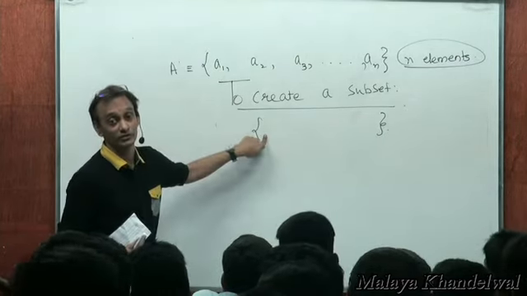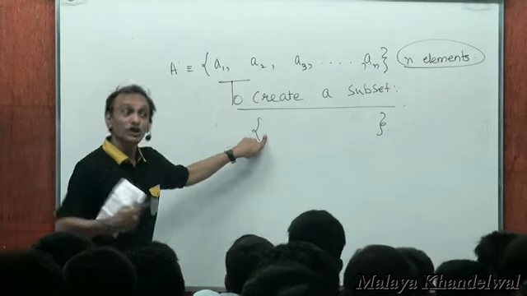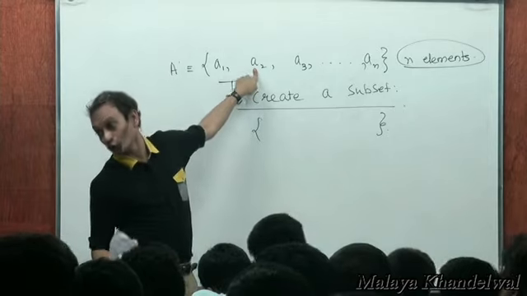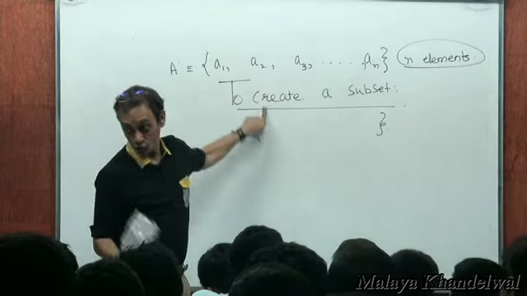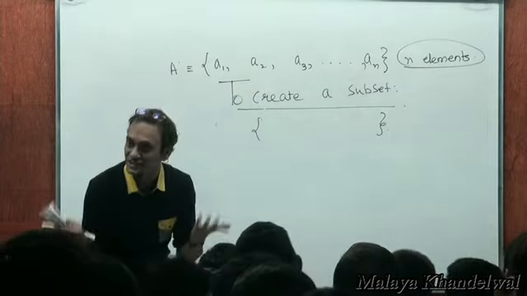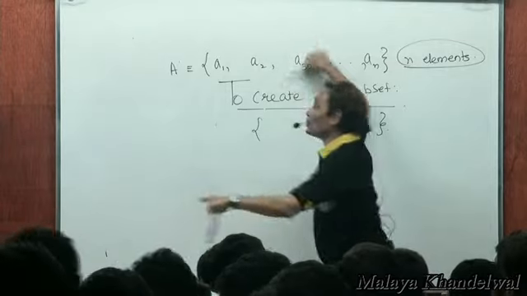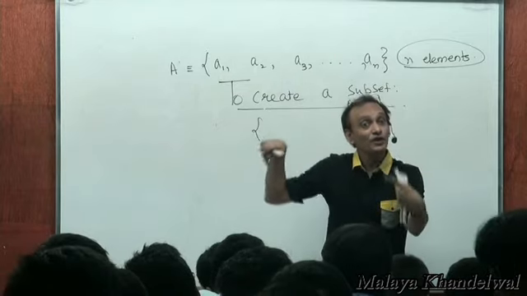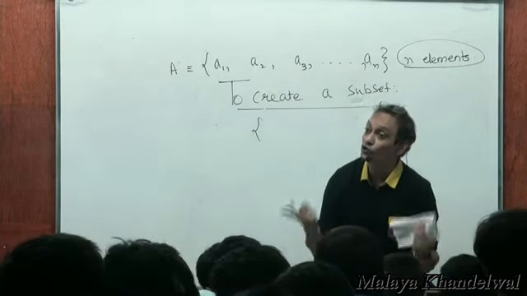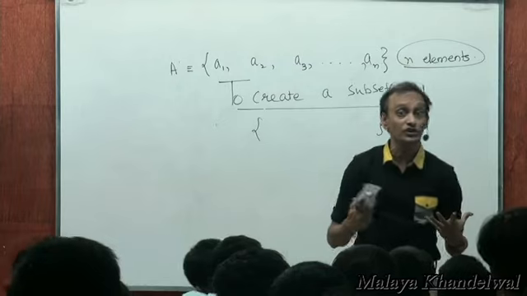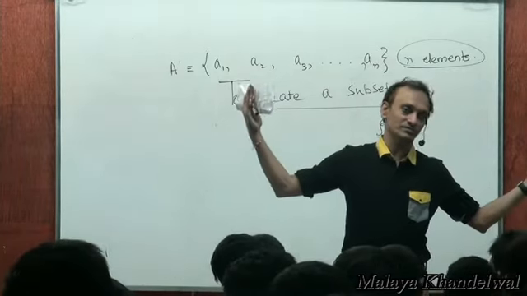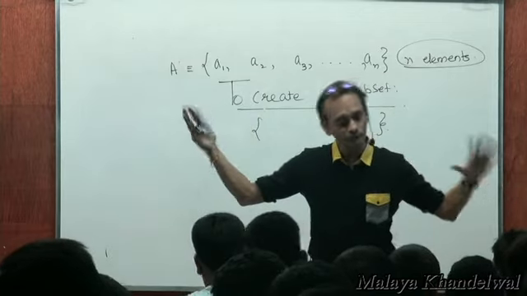Event 2: whether I am going to include A2 in this subset or not. Whether I am going to include A3 or not, whether I am going to include A4 or not. These are the various events involved towards creation of the subset.